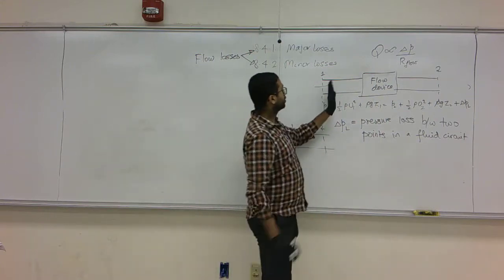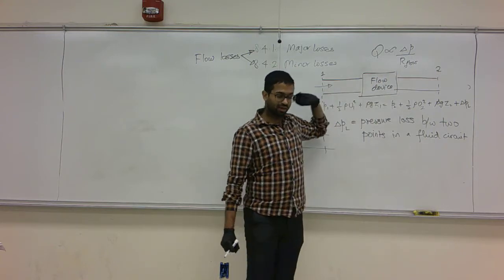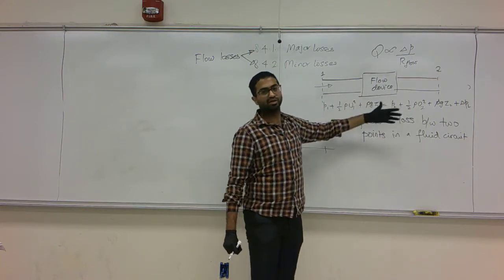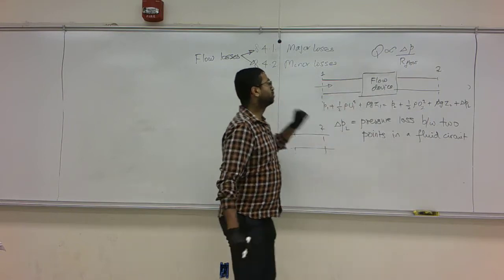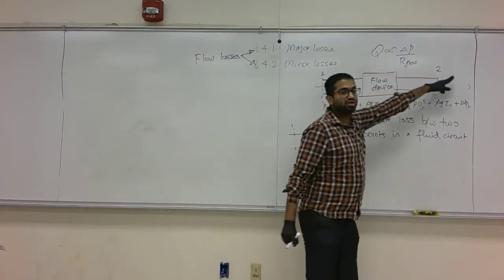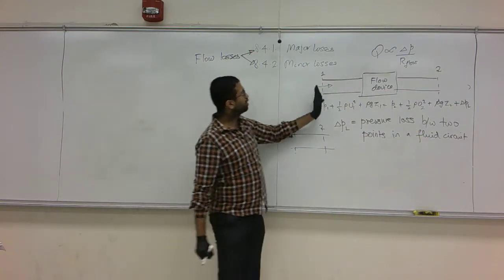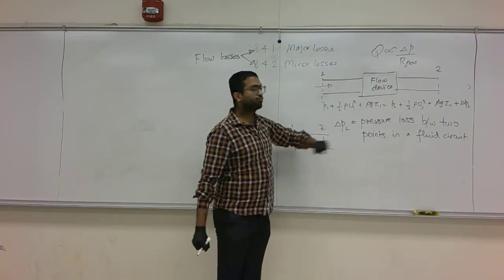It could be 2 points on either side of a flow device, like an air conditioner or a vacuum cleaner. But whatever it is, delta PL is the pressure loss between any 2 points in a fluid circuit.